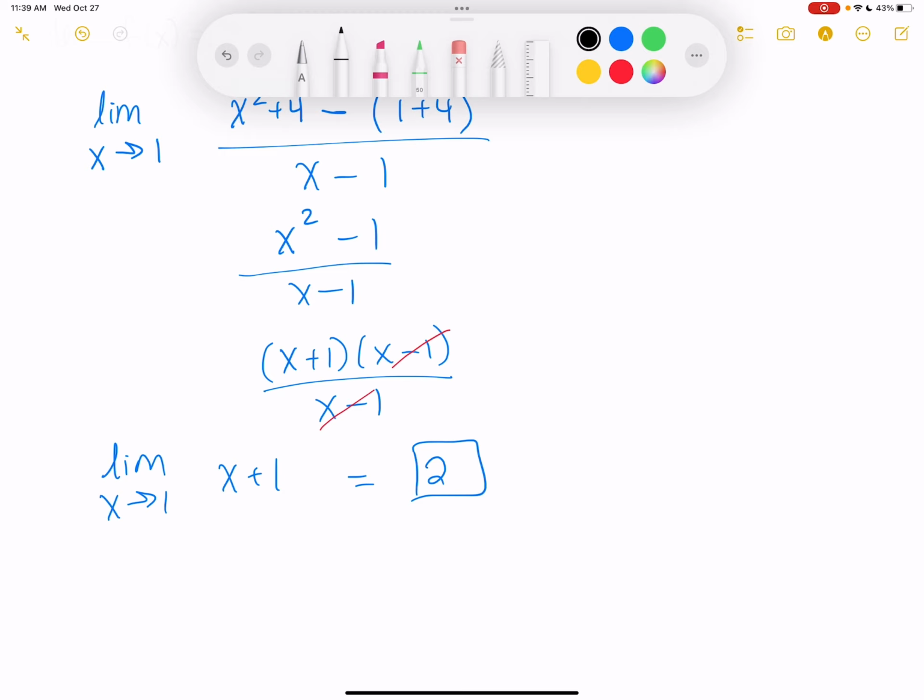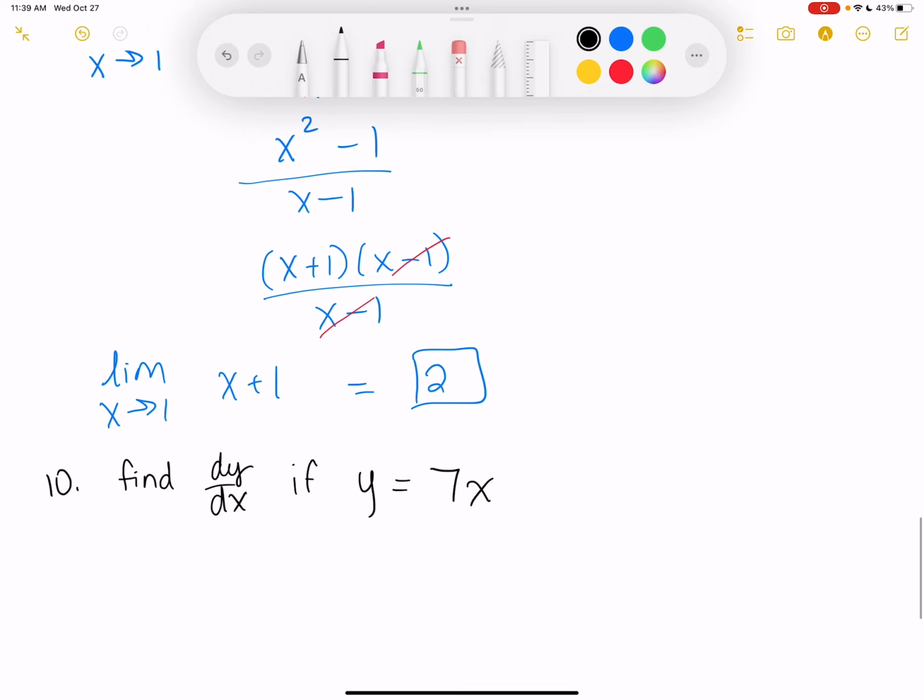So number 10 says find dy dx if y is equal to 7x. So we're taking the derivative of y, our function, with respect to x. So what power currently is on x? Obviously we don't normally write that, but just for the sake of seeing what happens, I'm putting it there.